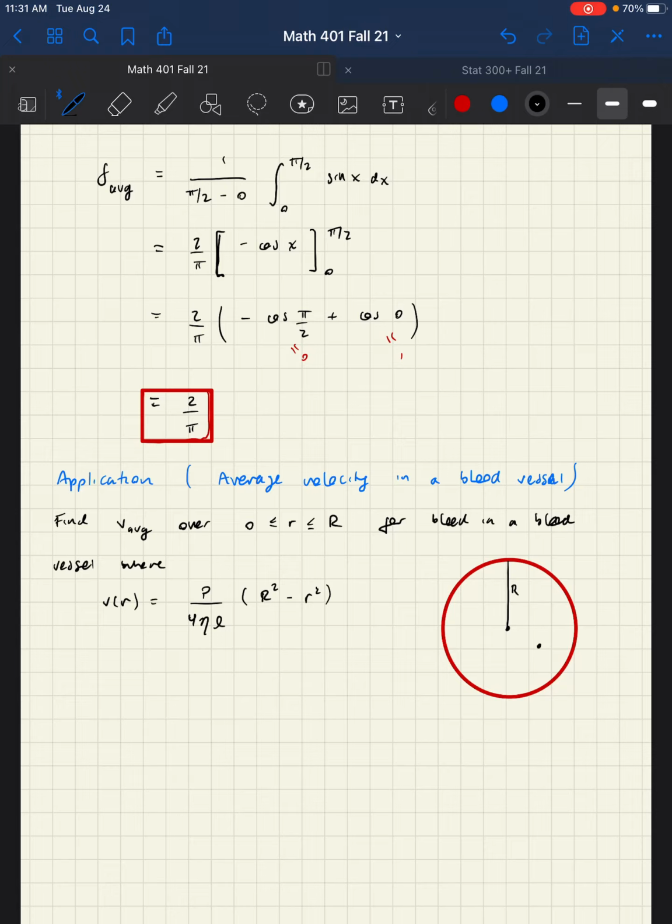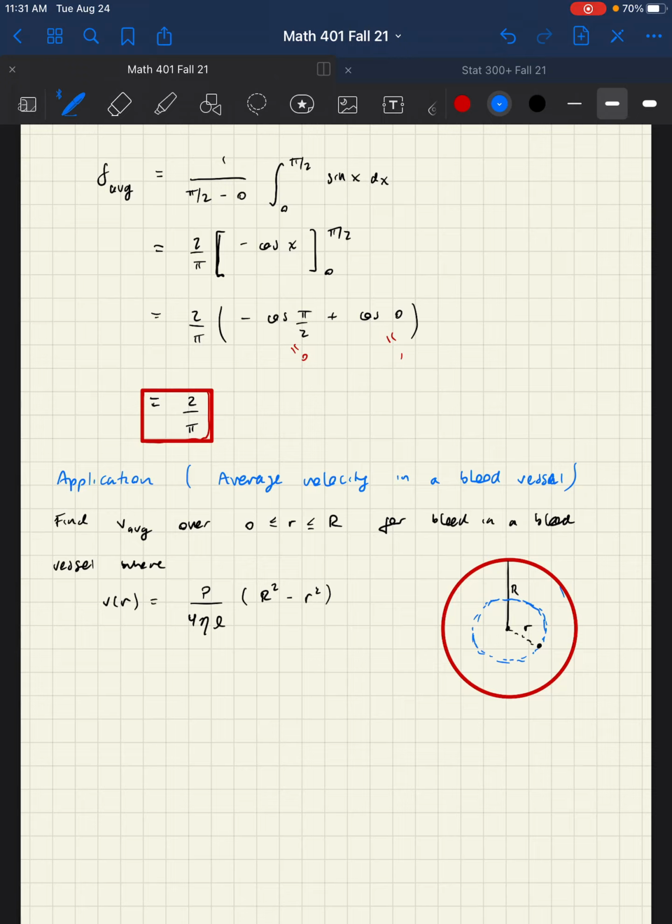So if this is the middle, the very middle, then this distance is capital R. And for some given point somewhere in there, we measure the distance from the center, and that's little r. And so the velocity of blood traveling through that distance, basically anywhere along this ring here, any blood traveling in that ring is going to travel at that velocity.